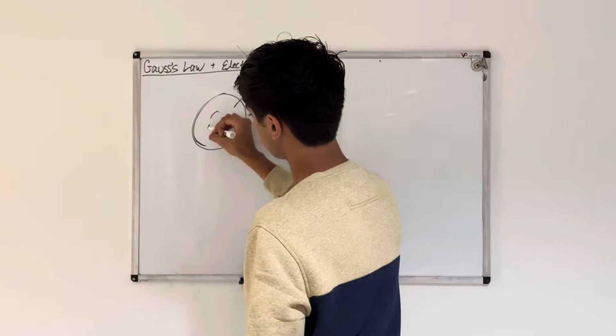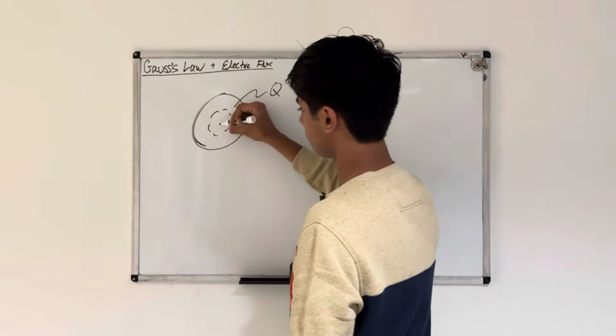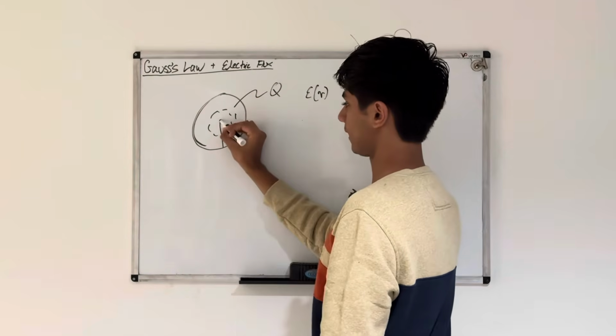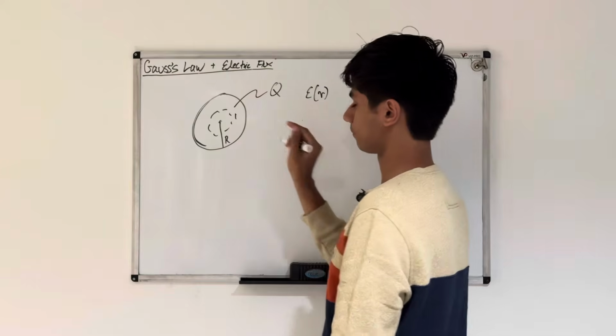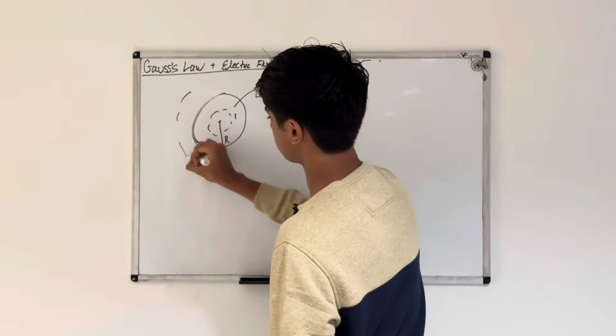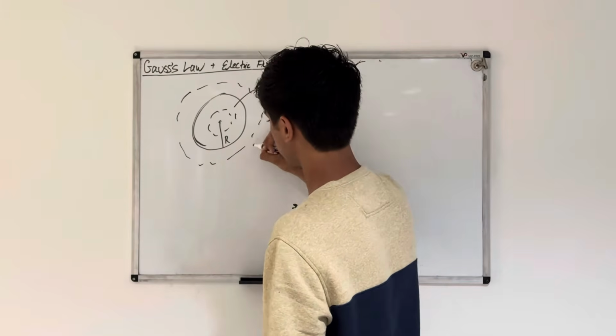We have the situation where r is inside the sphere, with the sphere's radius being big R, so little r is inside the sphere, and we also have a situation where it's outside the sphere. So 2 Gaussian surfaces, call this 1, call this 2.